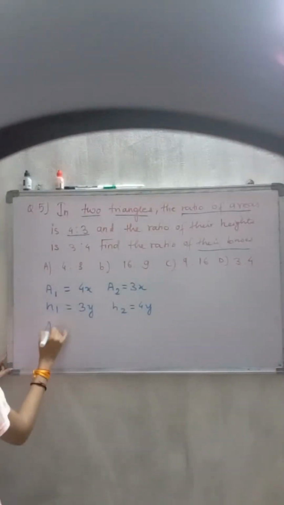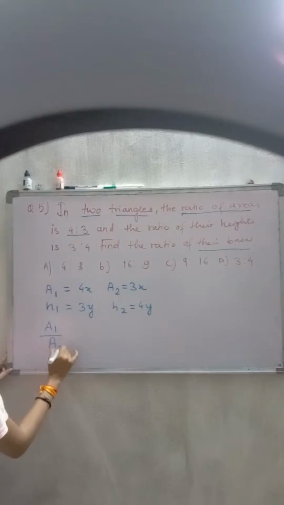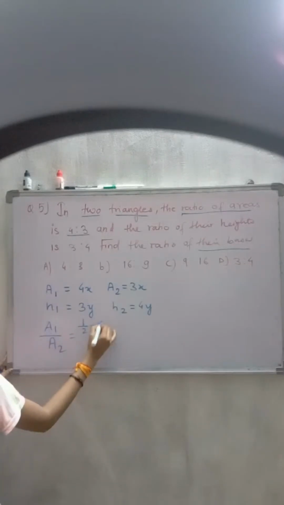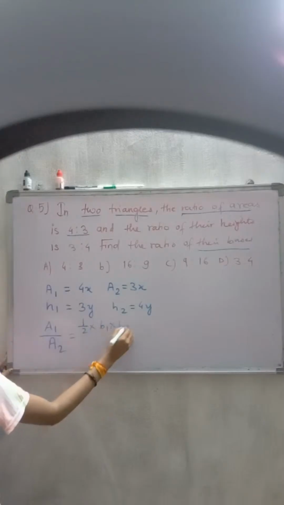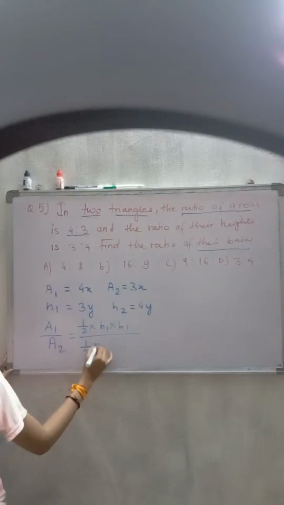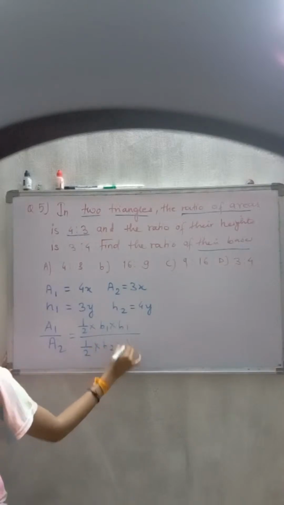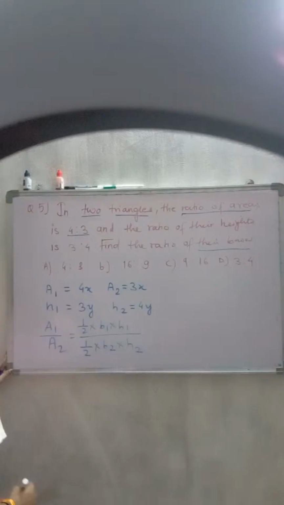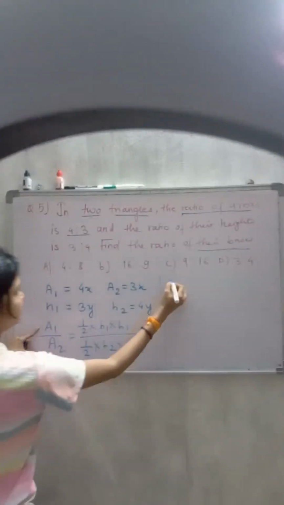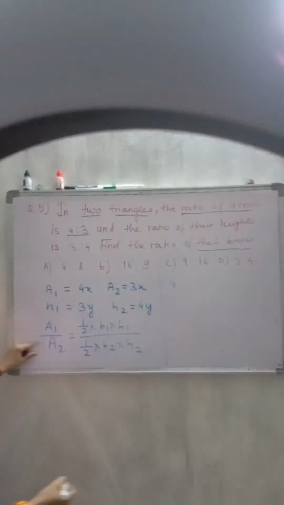Okay, so ratio of area of triangle 1 to triangle 2 equals half into base into height upon half into base into height of the second triangle.